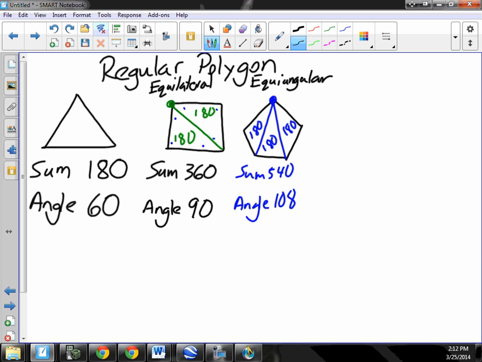Okay? So if I drew a hexagon, and I draw the diagonals, there are 4 triangles. So 4 times 180, what is that?